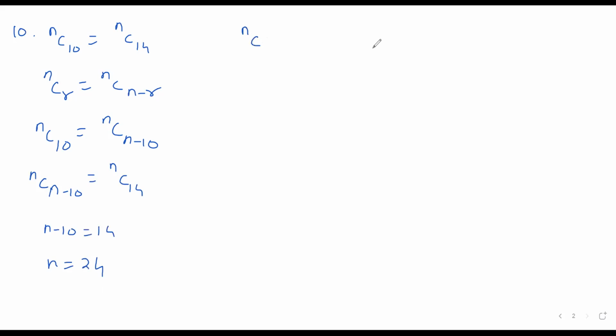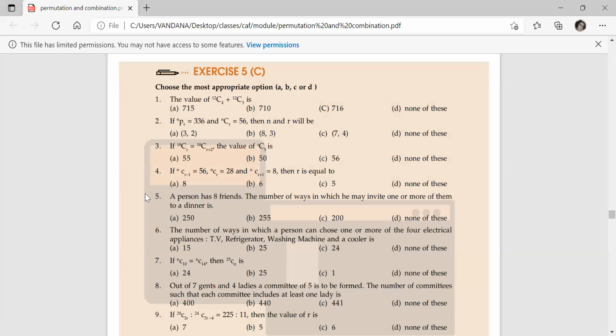So they want to find out 25Cn, that is 25C24. 25C24 is nothing but 25C(25 minus 24). That is 25C1. Your answer is 25. B is the answer.